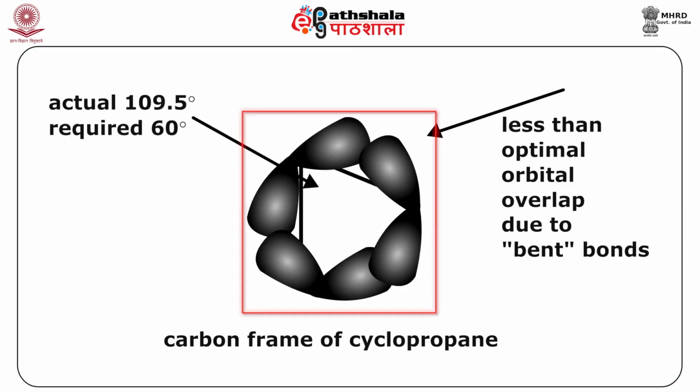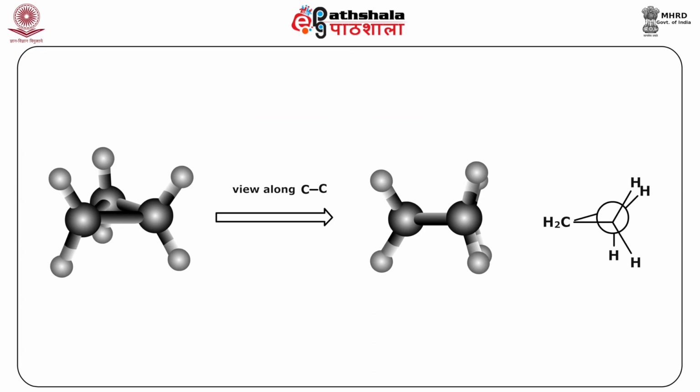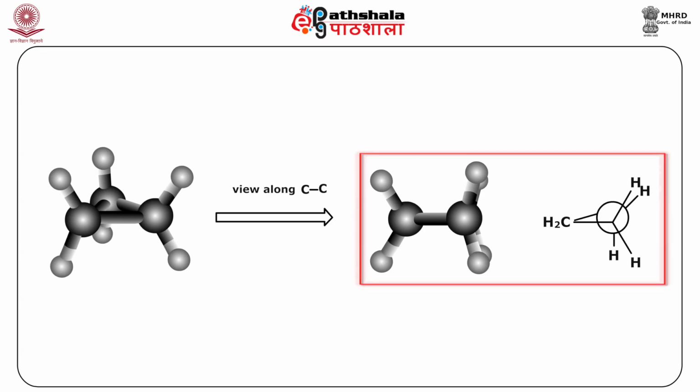This is evident from the large heat of combustion value per methylene group. In fact, the C-C bonds in cyclopropane are bent in order to form an equilateral triangle. Further strain is imparted by eclipsing interactions, as all the CH bonds in cyclopropane are eclipsed. And C-C bond rotation to relieve this strain is not possible due to the rigidity of the ring.